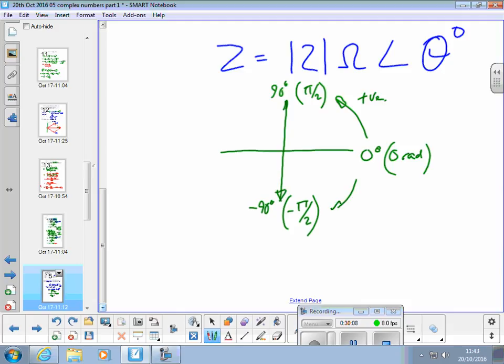So negative angles go clockwise. We normally deal with up to minus 179.99 and up to 179.99 in that direction. And this over here is 180 degrees or pi radians. All happy with that as a way that we would express a vector in polar form as a magnitude at an angle?